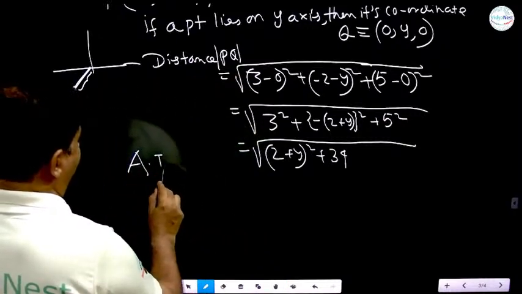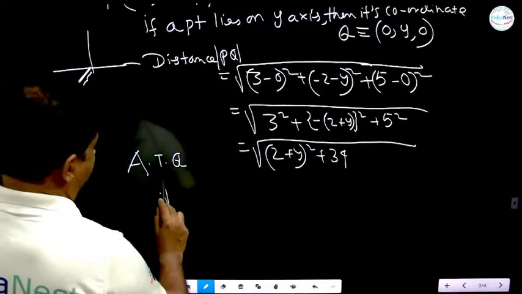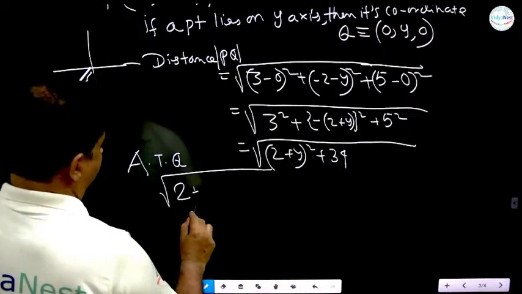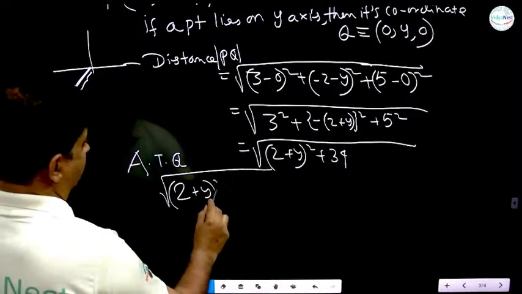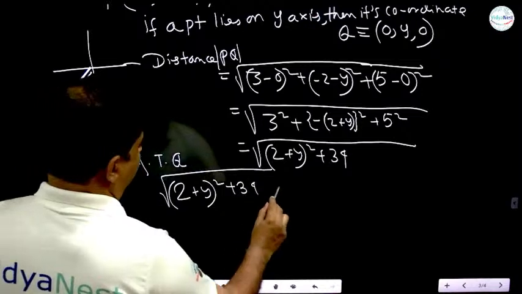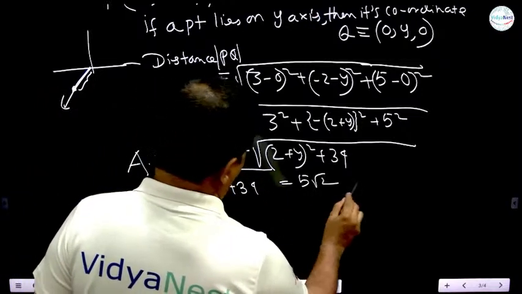According to the question, this distance is equal to 5 root 2.